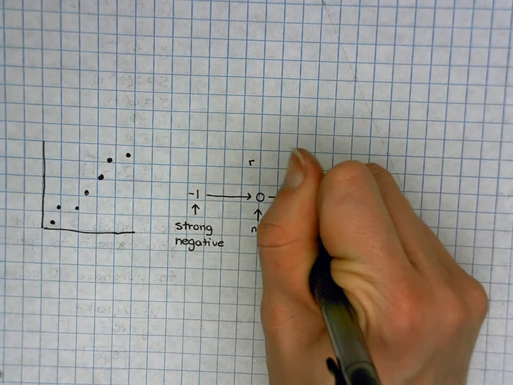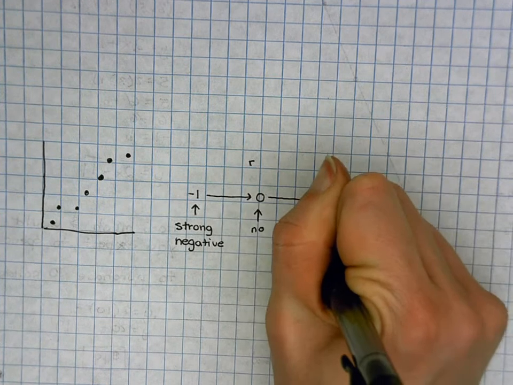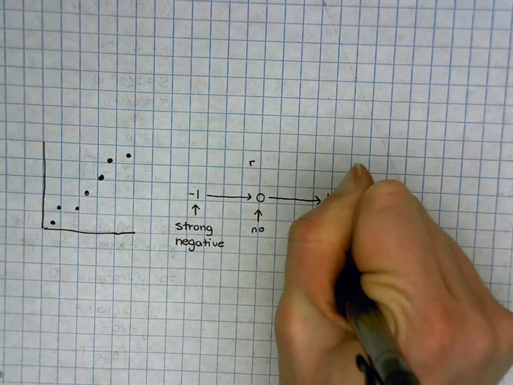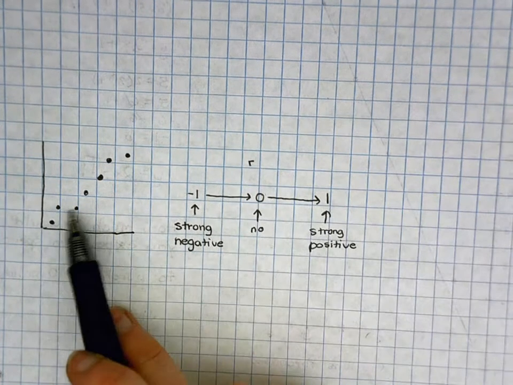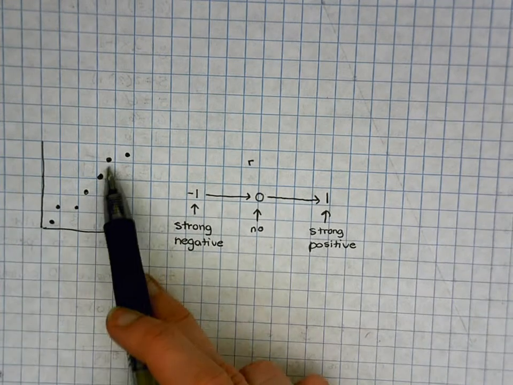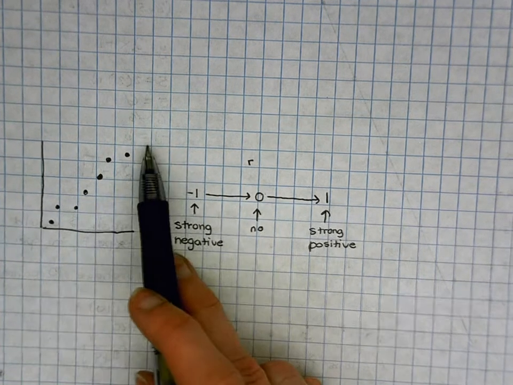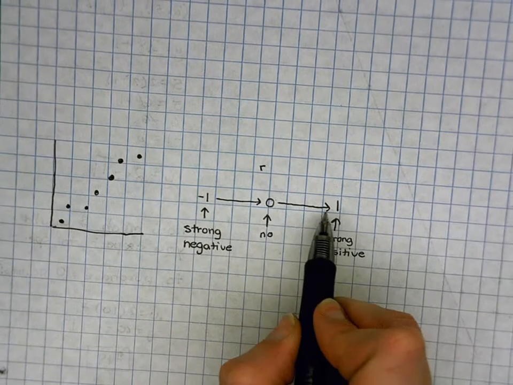And then as it gets closer and closer and closer to 1, this is a strong positive. So what does that mean for this graph? Well, since this is pretty close to a straight line and it's going in the positive direction, I know my R is going to be pretty close to 1.